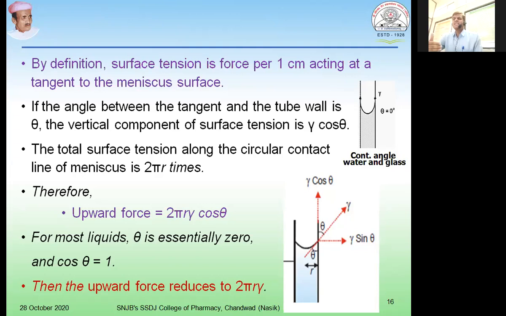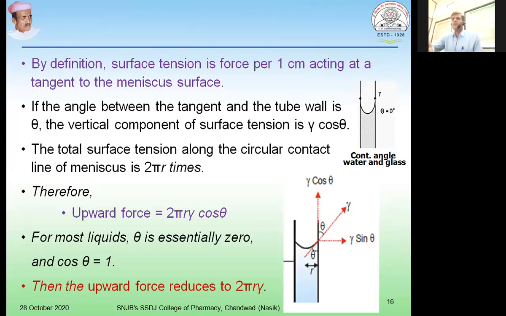Liquid has risen up into the capillary tube, and this liquid meniscus is making some angle with the surface or wall of the capillary. If this angle between the tangent which is drawn and the tube wall is considered as theta, then because liquid is rising up into the capillary, we need to understand and talk about the vertical component of the surface tension, that is gamma.